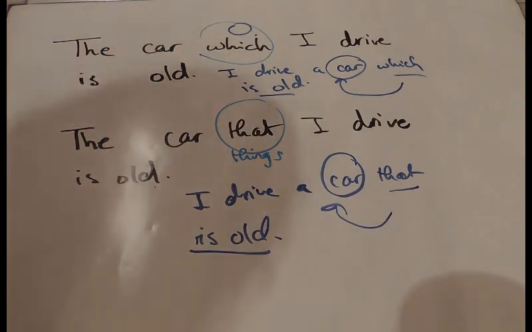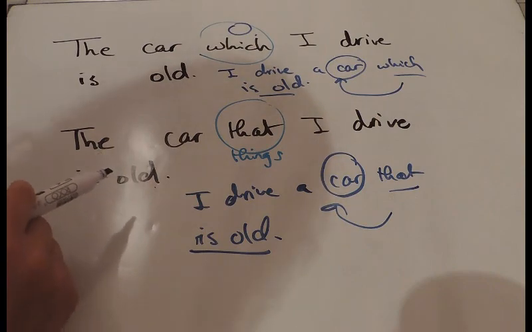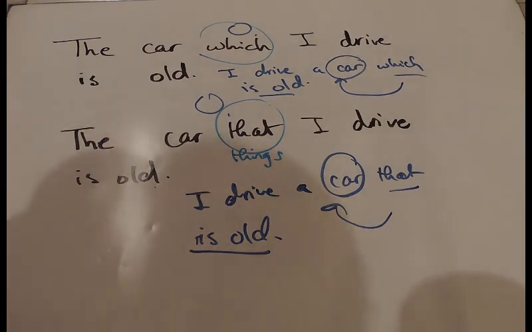And since the noun I am relating to comes after an action verb, then it is object here as well. I need to note that in this case, that is preferable to which, meaning it is not wrong if I use which, but that is preferable.